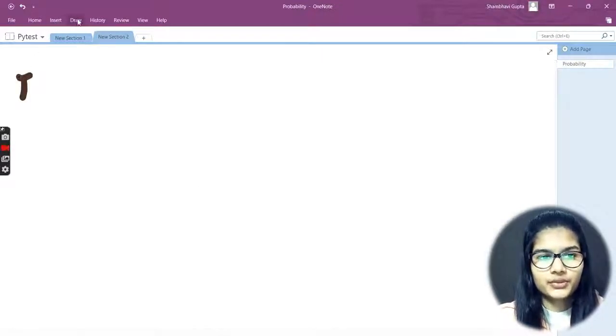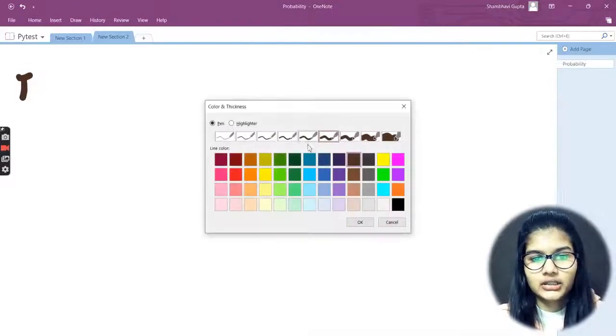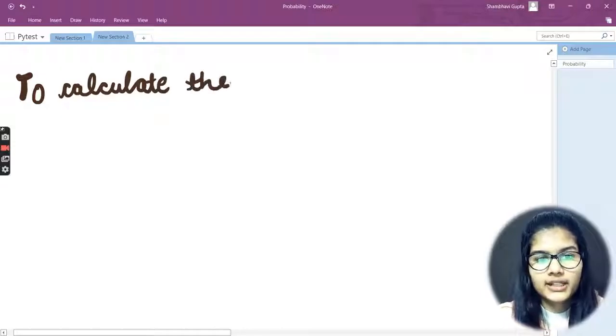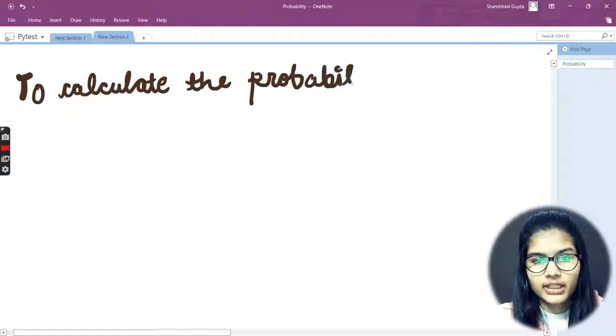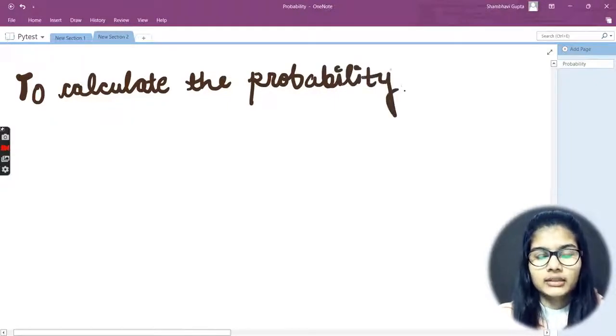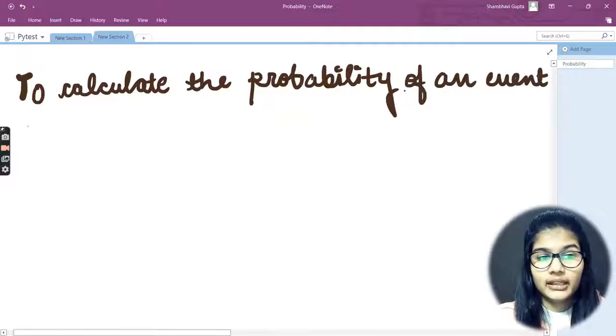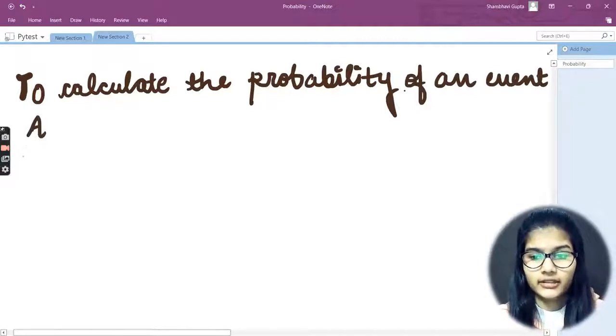Oh, I am so sorry. Let me just take the thin pen. Fine. So to calculate the probability of an event A, let's say that my event is A, okay?